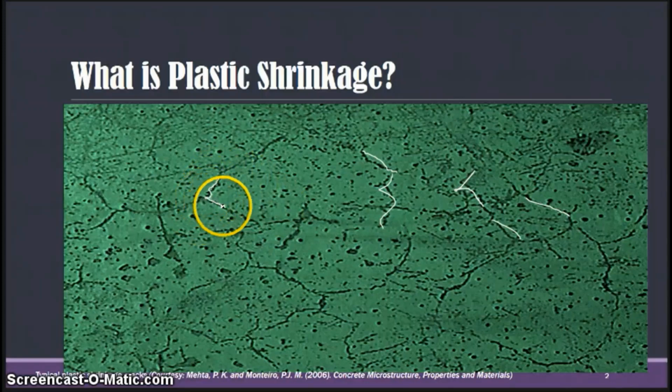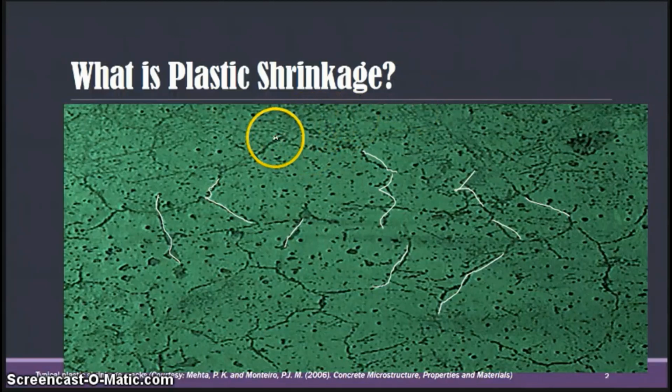Now this might be because you have steel in this direction, and if you have aggregates which are larger ones, you're going to find cracks on the aggregate surfaces. So these cracks generally are observed to be parallel to each other. The depth of the crack can be in the range of 25 to 50 mm, and the spacing between two cracks can be in the range of 30 centimeters to even 1 meter.